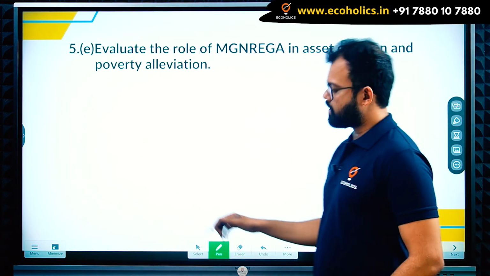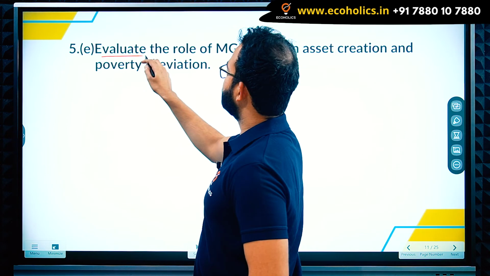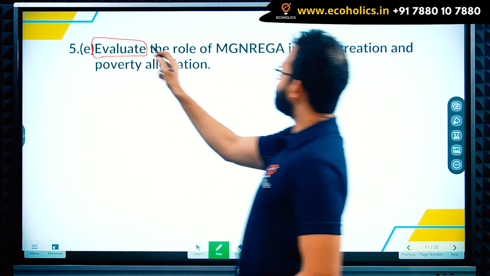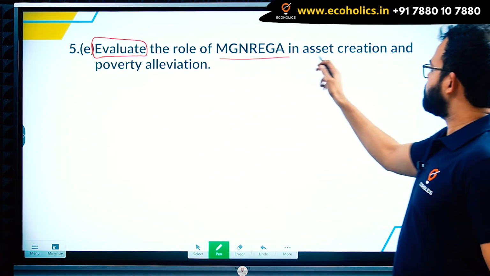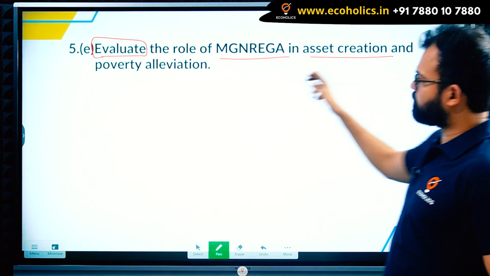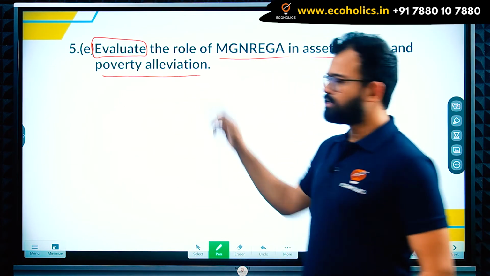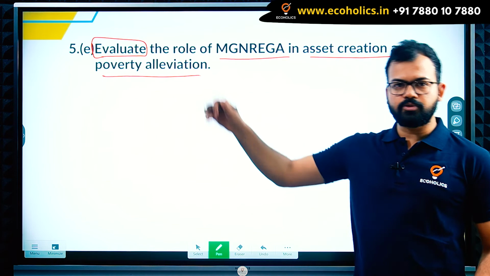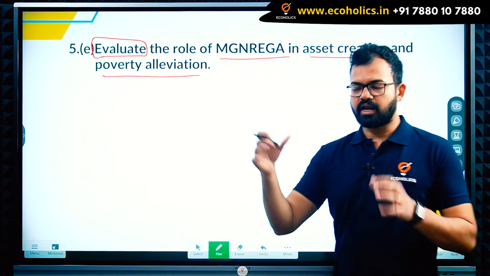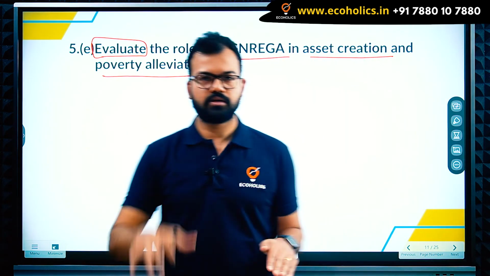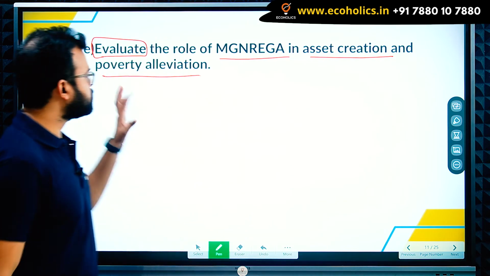Next one, the last one, evaluate. Evaluate the role of MGNREGA in asset creation and poverty alleviation. Now here the question is very straightforward. Evaluation means you imagine a kind of thing where you have to balance two things. What are those two things mentioned?